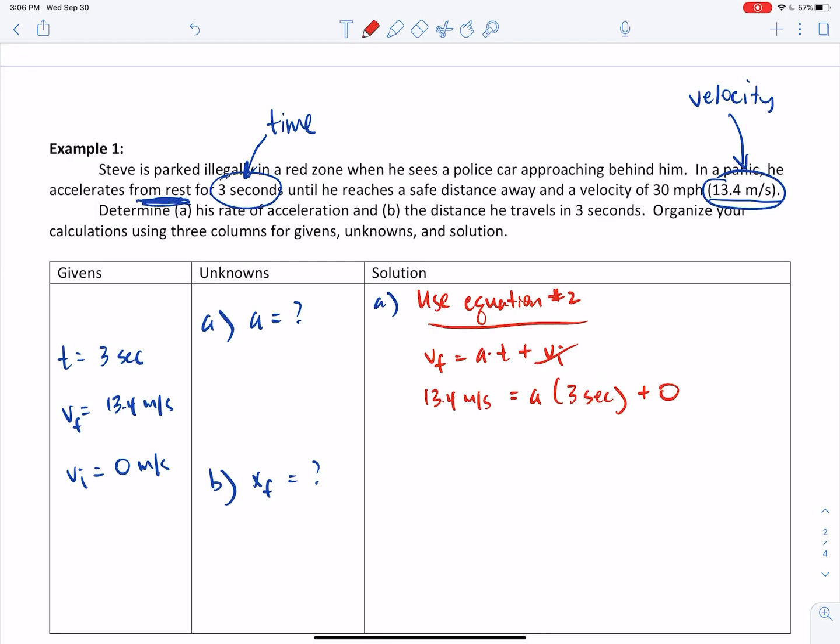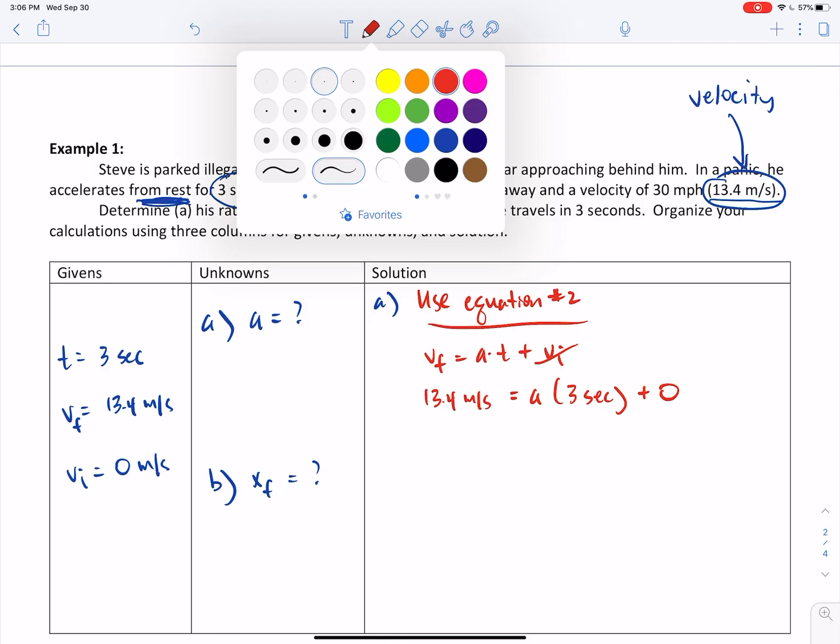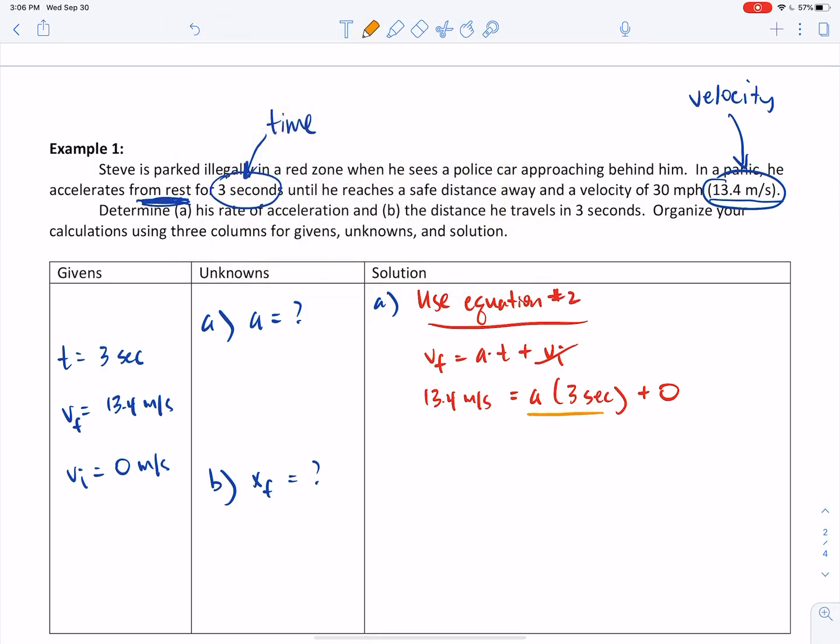So in order to find the acceleration, I'm going to do some simple algebra. I'm going to divide both sides by 3 seconds to get rid of that and to isolate A, the acceleration. And so the acceleration is going to be 13.4 meters per second divided by 3 seconds.